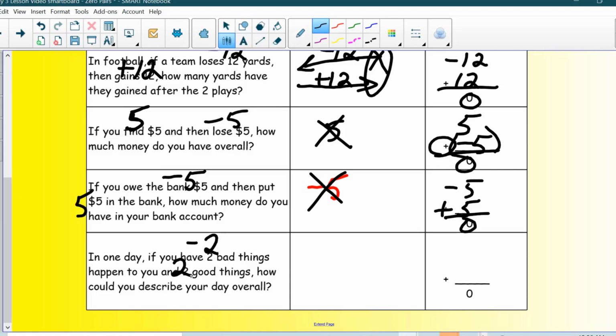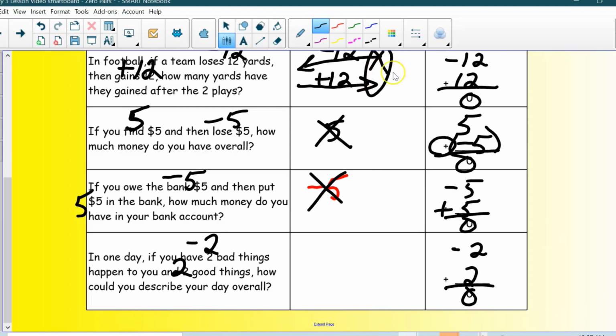It's neither positive nor negative because the two good things kind of canceled out the two bad things. So your day was neutral, right? Neither positive nor negative. Think about that. Remember, 0 doesn't take sides. It's neutral. So it wasn't a positive day. It wasn't negative. It was just 0. So how would we write that? Negative 2 plus 2 is equal to 0.